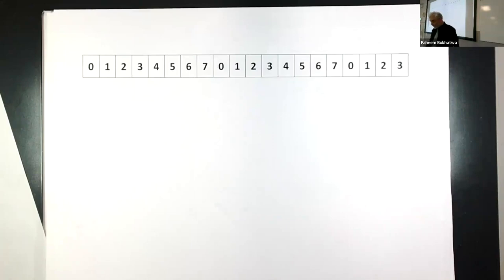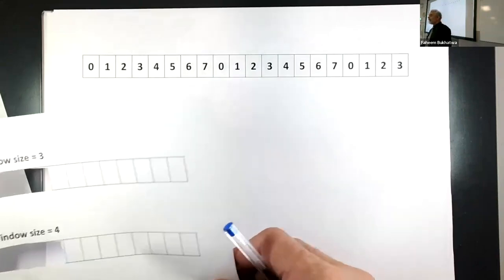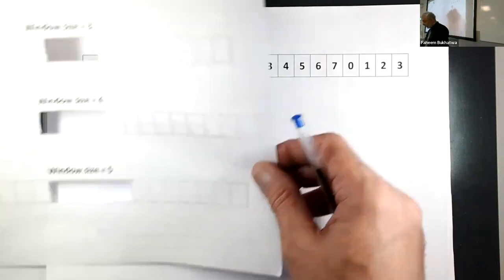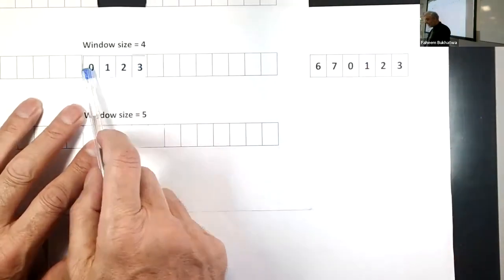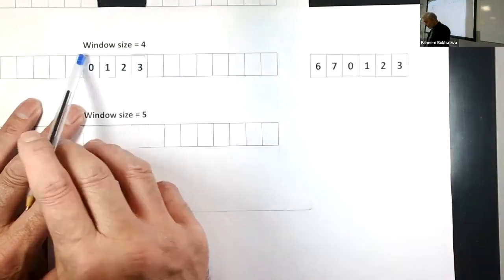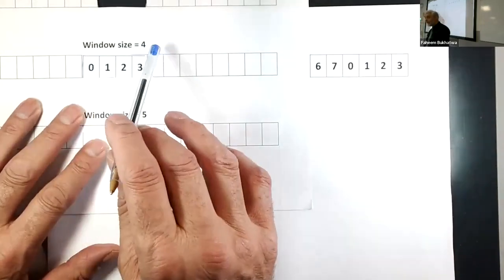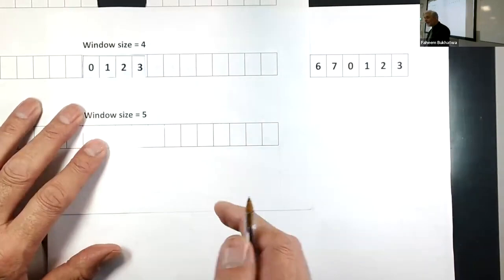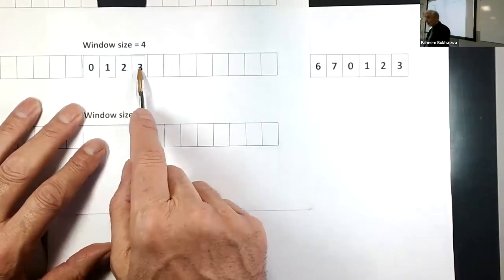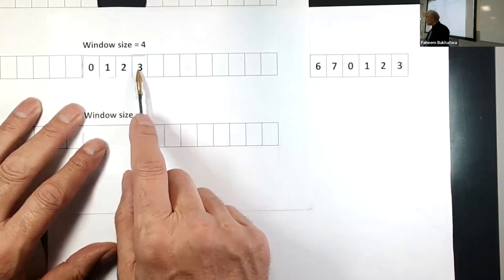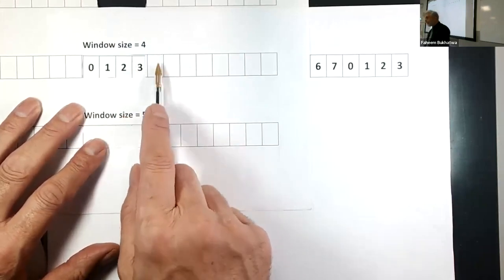And the sender comes up and says, for example, hey, we are going to use window size 4. So here's window size 4, and you can see the size of this window is 4. You can only see 4 numbers. So the sender knows 0, 1, 2, 3, and he knows that number 3 is the last number. It cannot send any number after that.